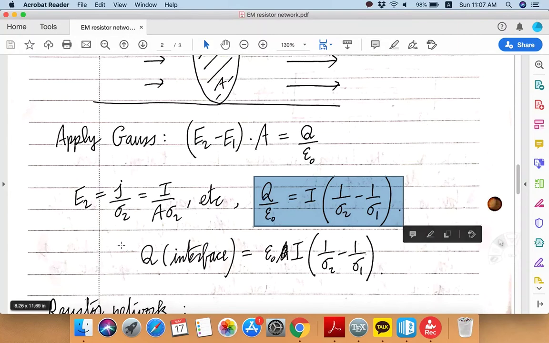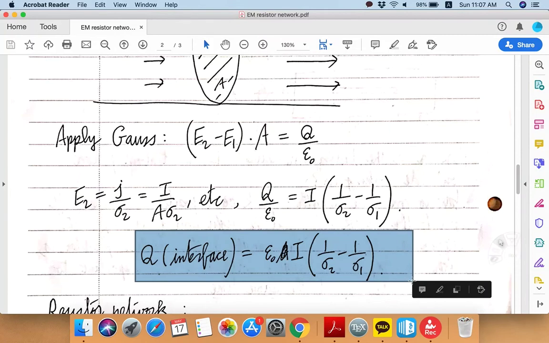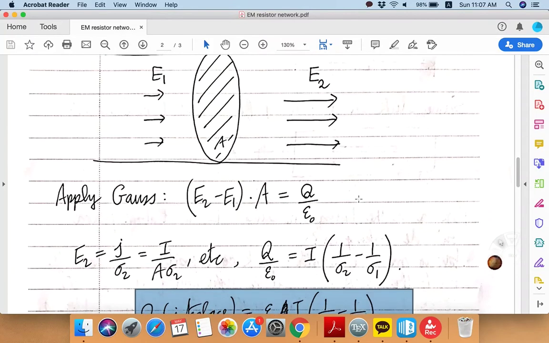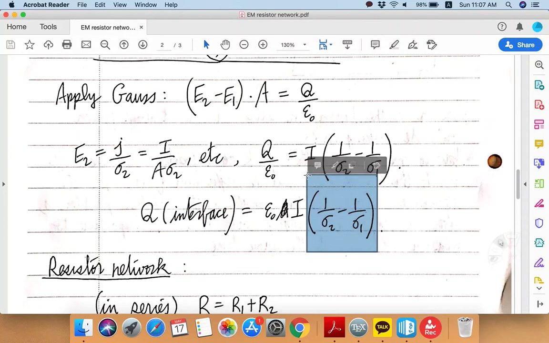Okay, so now that nicely gives you the information on exactly how much charge is being accumulated at the interface due to the difference in the conductivities on either side of the interface. And of course, that amount of charge grows as the current grows.